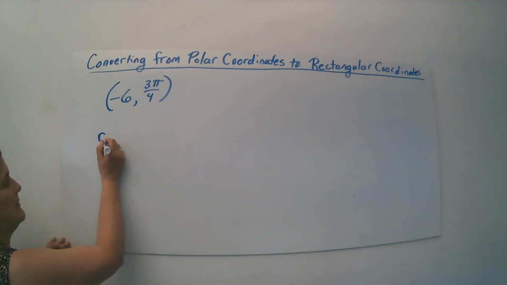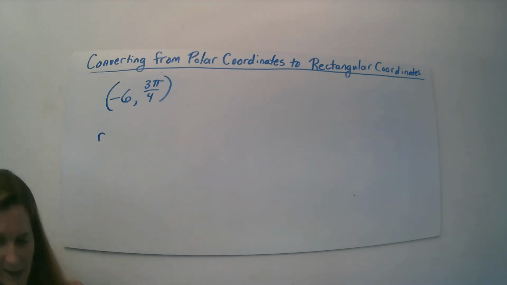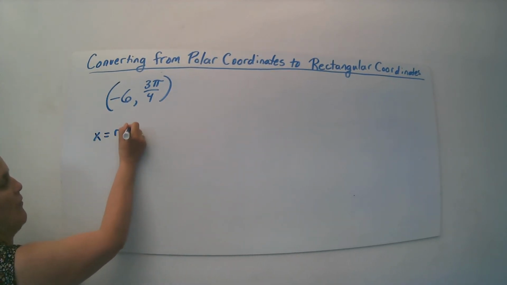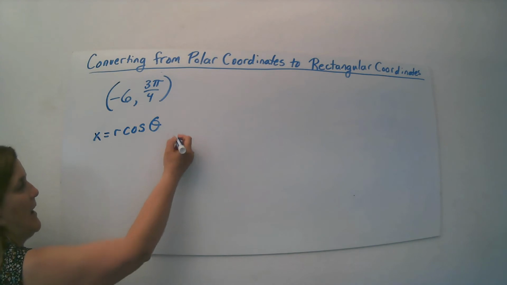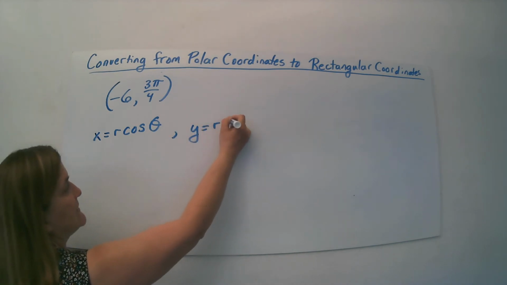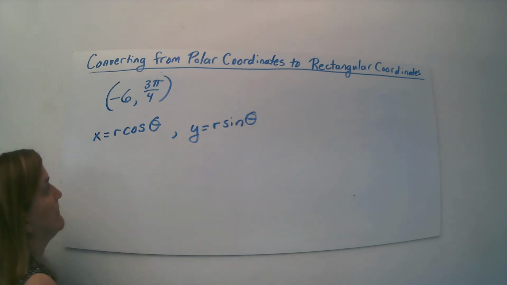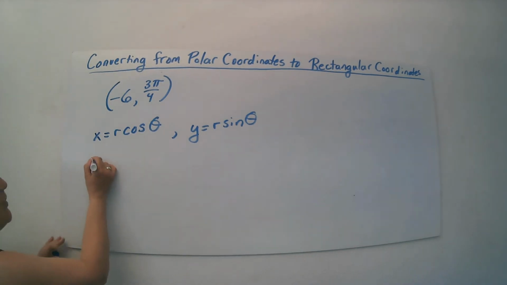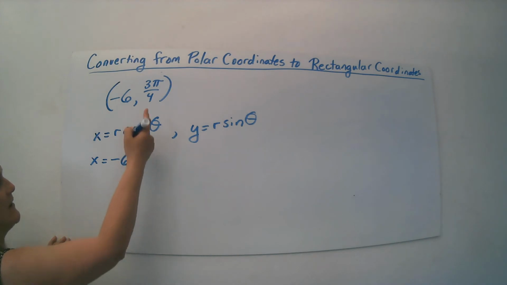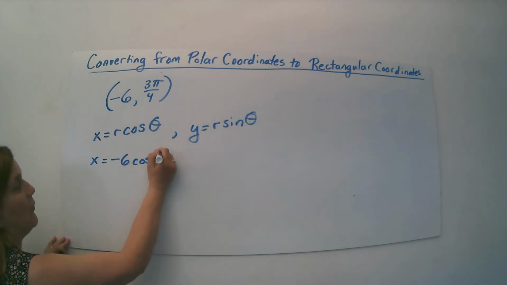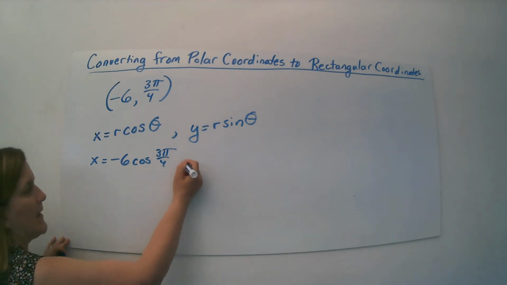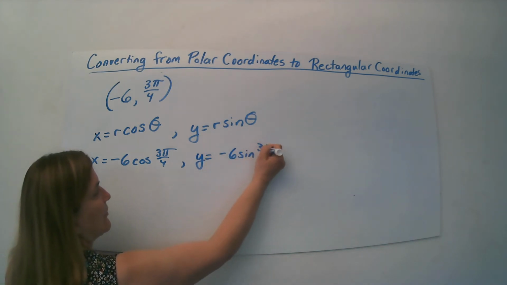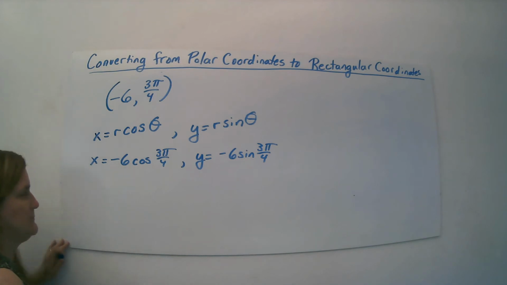We know x equals r cosine theta, and y equals r sine theta. And we can just substitute those values in. So r is negative 6, theta is 3 pi over 4, and our y value is negative 6 sine 3 pi over 4.